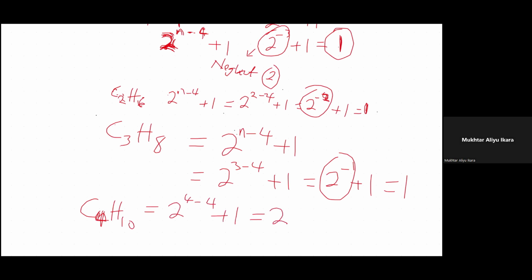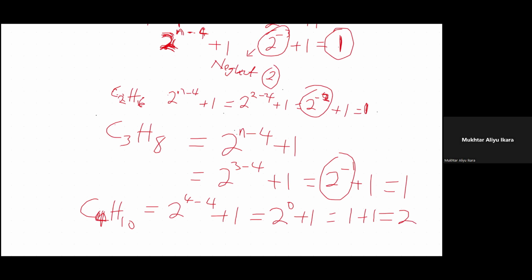Any number raised to the power of 0 is 1. So we have 2 raised to the power of 0 is 1. And of course we have plus 1, then we have 2. So that is why butane has 2 possible isomers, while methane, ethane, and propane, they only have 1 isomer.